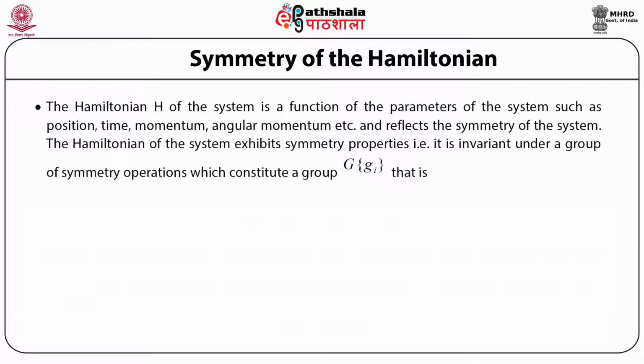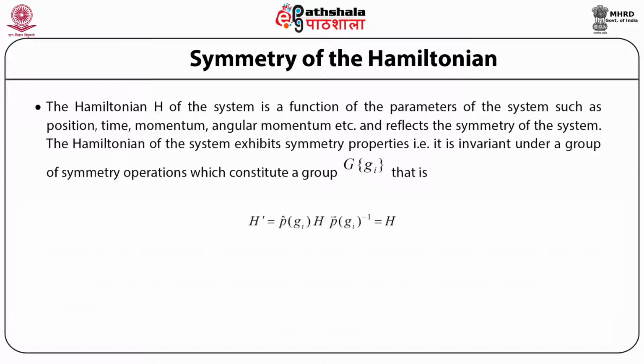For example, it is invariant under a group of symmetry operations which constitute a group. So, the Hamiltonian is invariant under the group operations, the symmetry operations. The symmetry operations are the elements of a group, capital G, and the g_i are the operations.